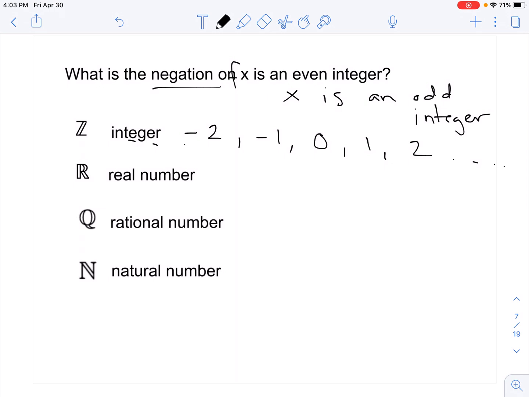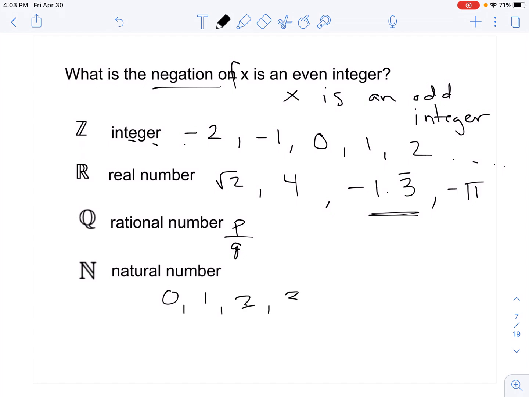A real number could be any number that's not imaginary. So it could be square root of 2, could be 4, could be negative 1.3 repeating, could be negative pi. Okay, all those are real numbers. A rational number is a number that could be written as p over q, a fraction. So 1.3 repeating is a rational number, where pi is not. Pi is irrational. The natural numbers are 0, 1, 2, 3, positive.